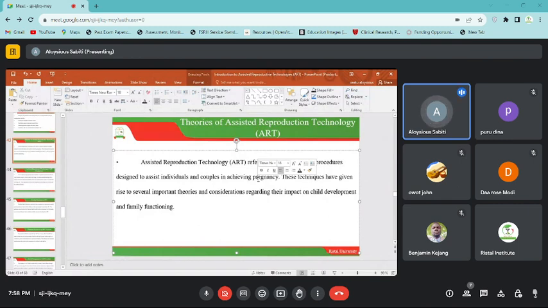But we're not necessarily looking at what we call traditional theories. We're just looking at some of the aspects that have evolved as a result of the introduction of this ART.